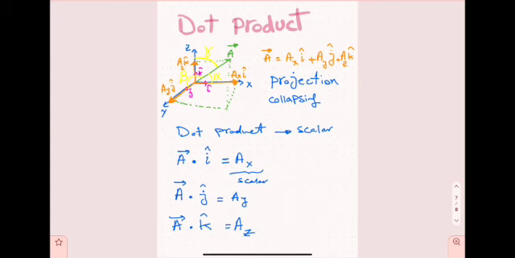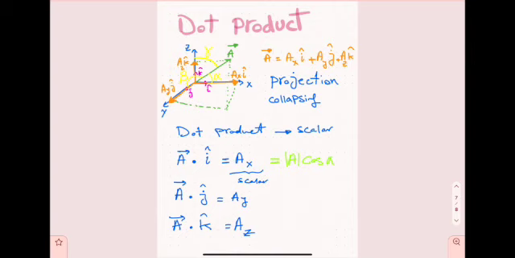So here, when we talk about A dot i hat, AX, this also equals the magnitude of A times cosine of alpha.